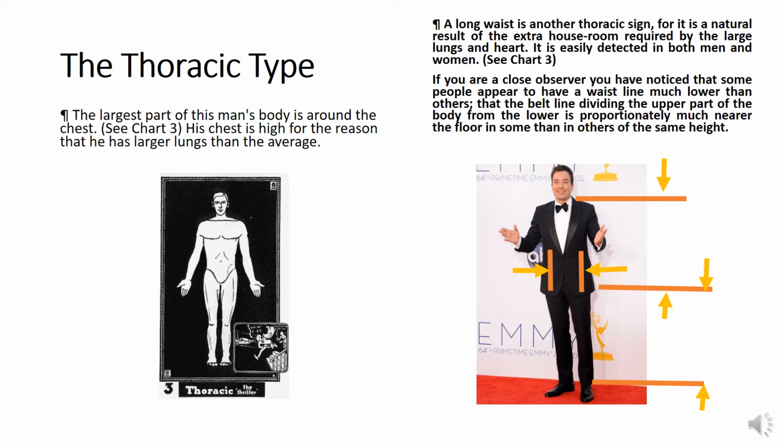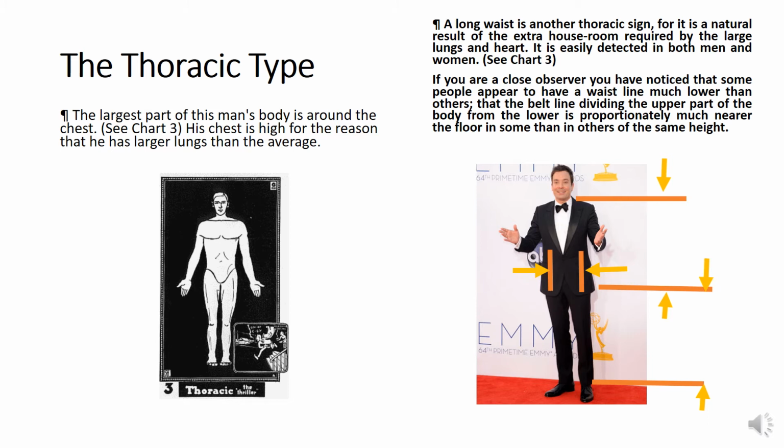Yes, typical thoracic type. You can see I've marked with the arrows, thin hips, and a longer upper body relative to the lower body. A long waist is another thoracic sign, and it is a natural result of extra house required for the large lungs and heart. It is easily detected by both men and women.